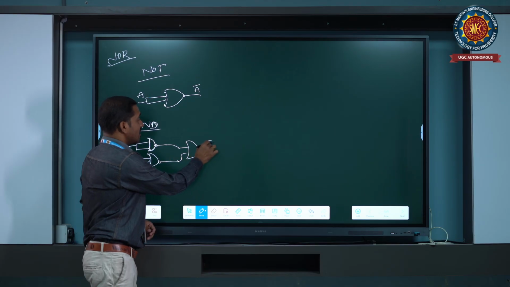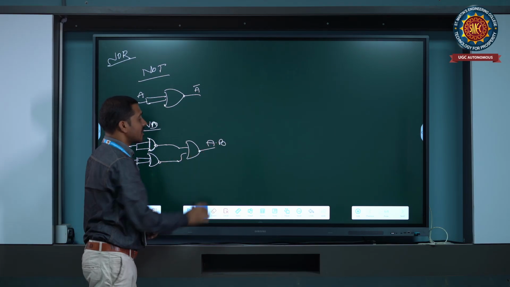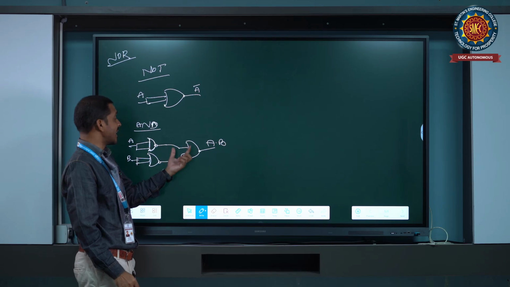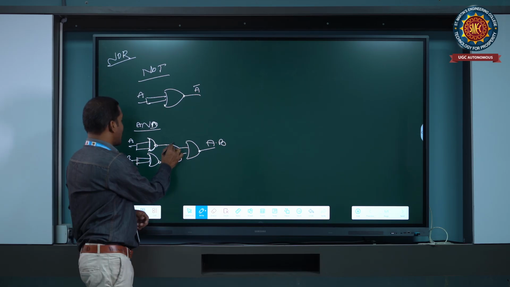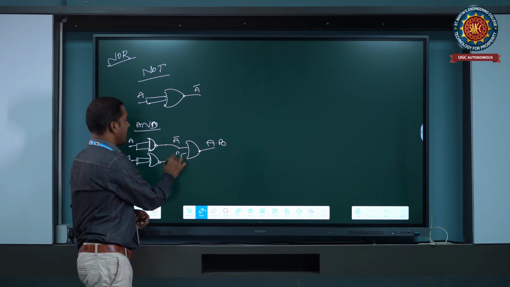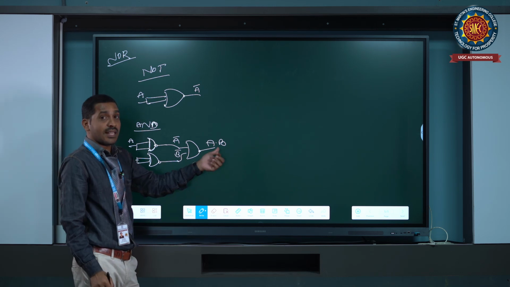The output is A dot B. Using 3 NOR gates, it will realize A bar and B bar. It will realize the AND gate.